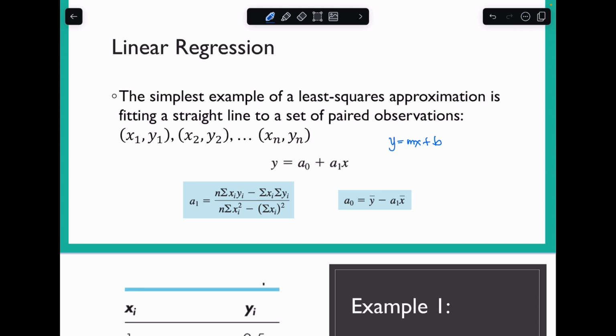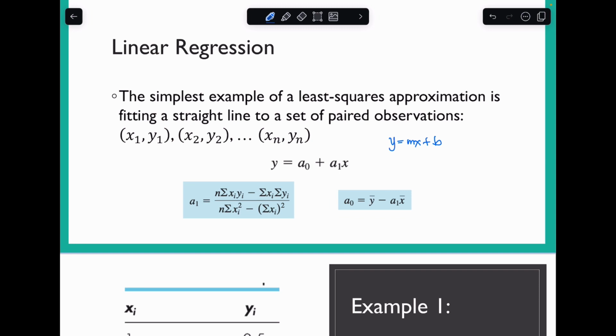The same is true for linear regression. We are using the same formula, but this time we have two variables, a sub 0 and a sub 1. a sub 1 is the slope, and a sub 0 is the y-intercept.